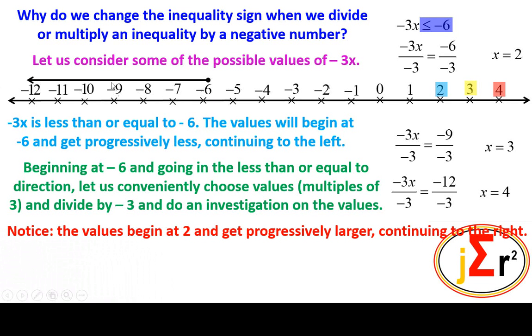Then if we go to negative 9, the result will be positive 3. Then if we go to negative 12, the result is positive 4. Therefore, as we go in this direction, the answers will be going in the other direction, as we can see.